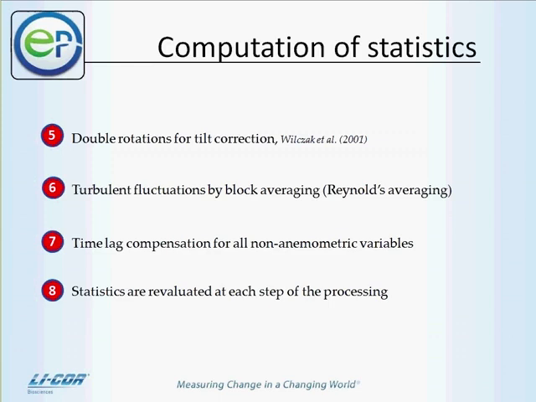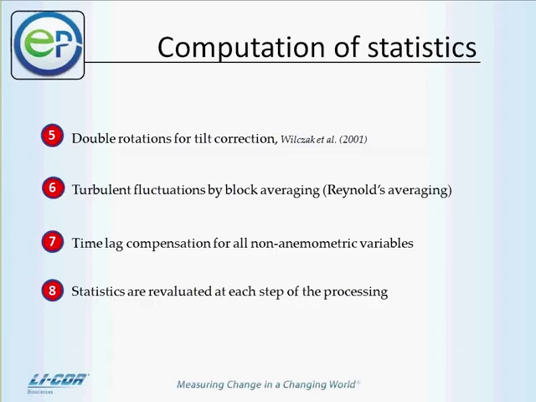And as a last step, the 7th step, we compensate the time lags of the scalar concentration with respect to the anemometer variables. So the time lag is first detected with a covariance maximization procedure, and then it's compensated.